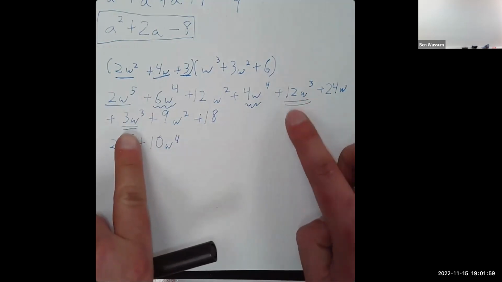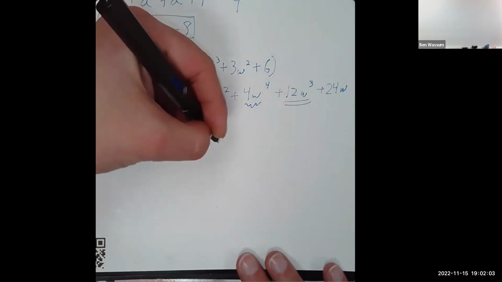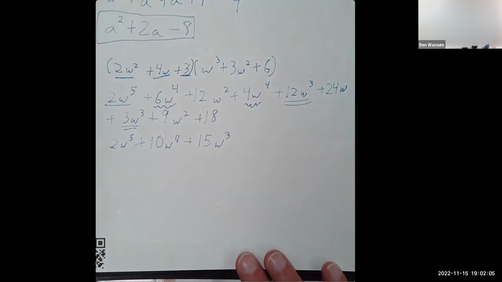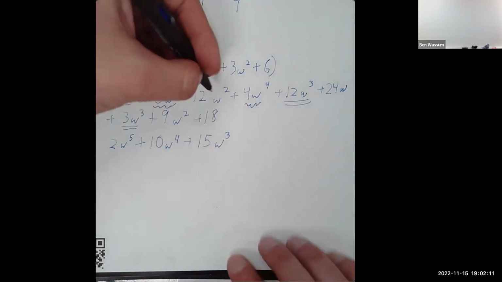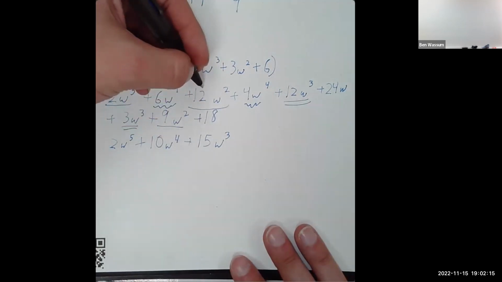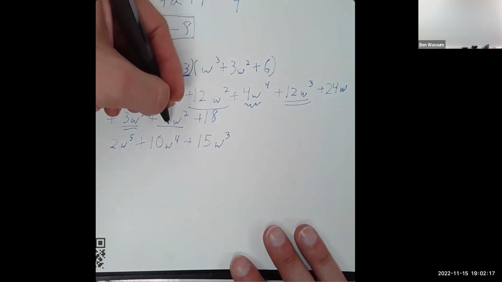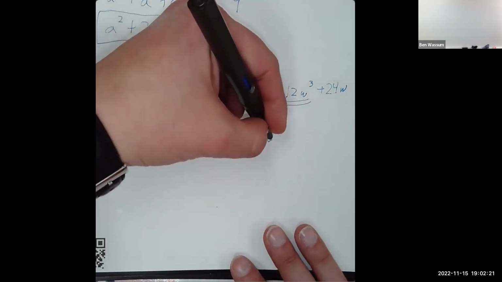So I have 12 of them plus 3 of them. I get 15 of them. And then squareds. Well, we got 1 that I haven't touched up here yet. And then 1 down here. So I have 12 of them plus 9 of them. That's 21 w squareds.